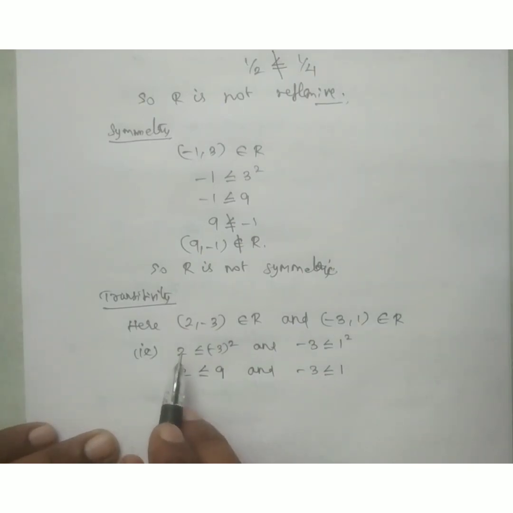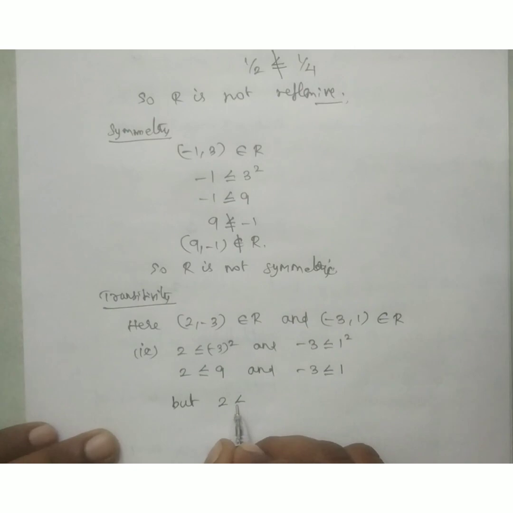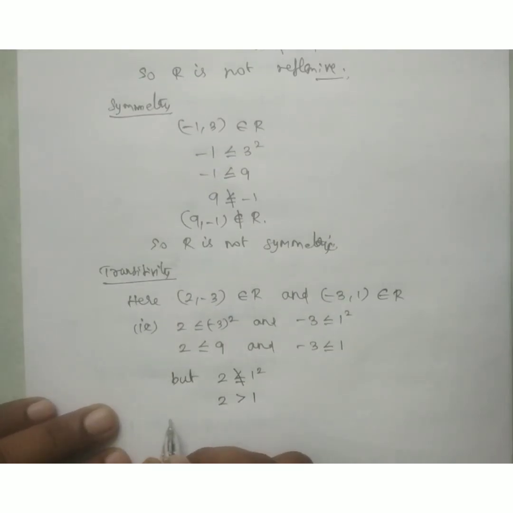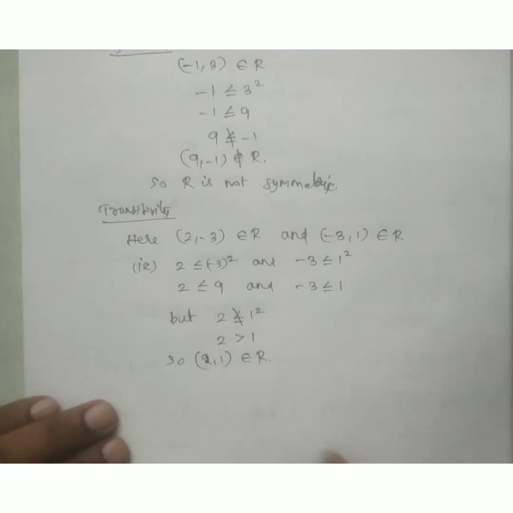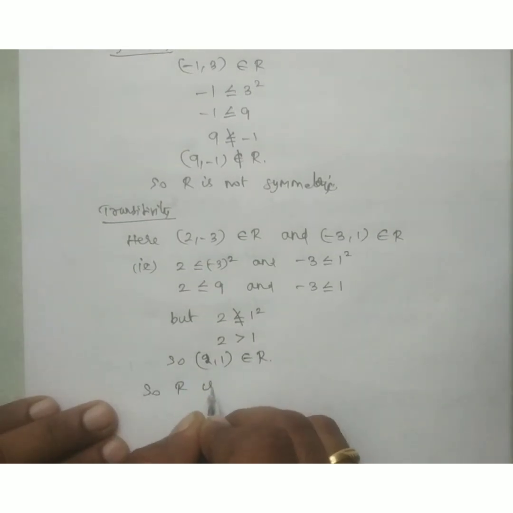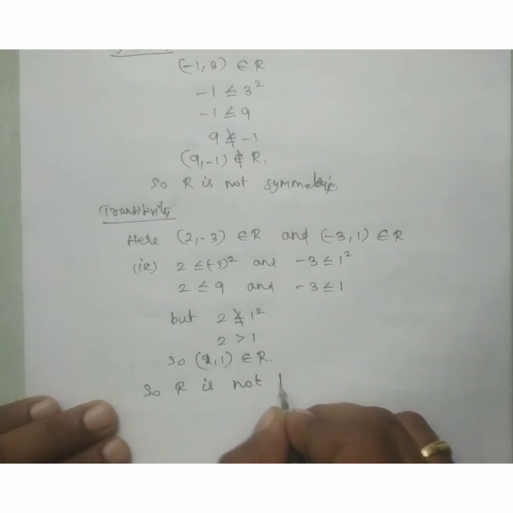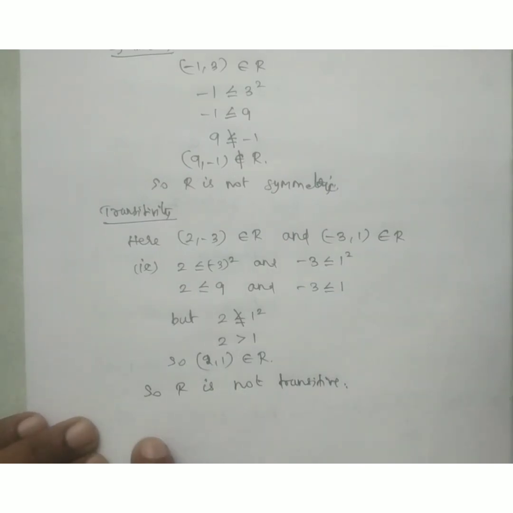But what about the third case, (2, 1)? 2 less than or equal to 1 square is not possible, because 2 is greater than 1. So clearly (2, 1) does not belong to the relation. So R is not transitive. Generally, R is not reflexive, not symmetric, and not transitive. This is what they asked us to prove.